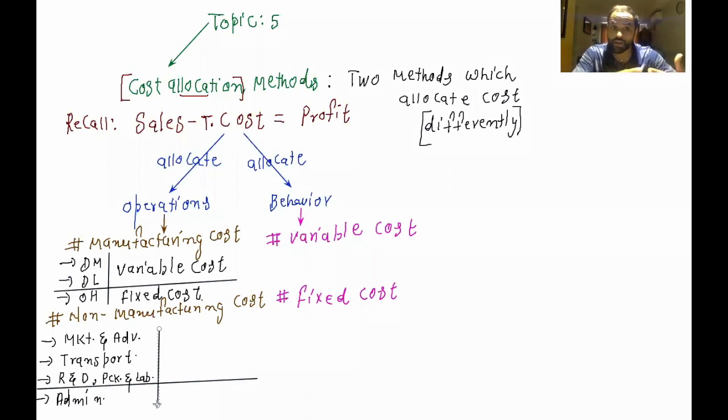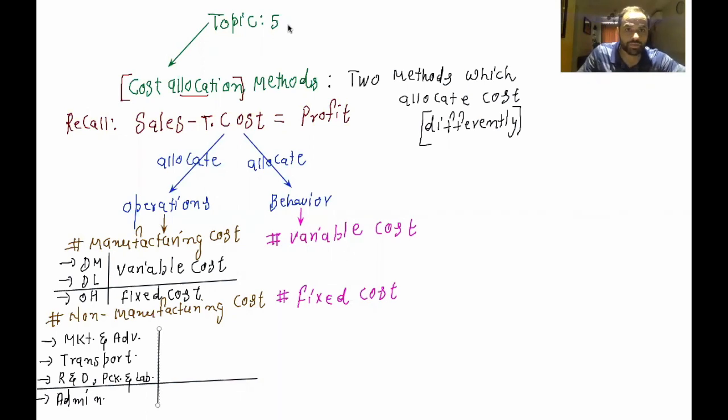If you require further innovation or creativity in your product, you have to spend more money on research and development. Same thing, packaging and labeling. If you produce more to sell more, you have to spend more money on packaging and labeling. So marketing, advertising, transportation, R&D, packaging and labeling are non-manufacturing variable cost, right?